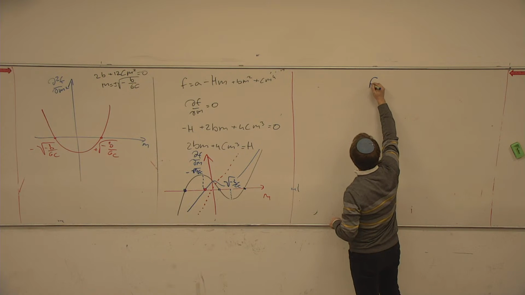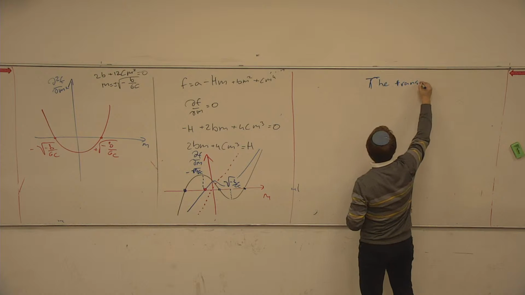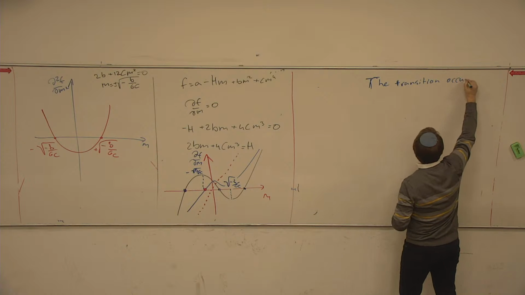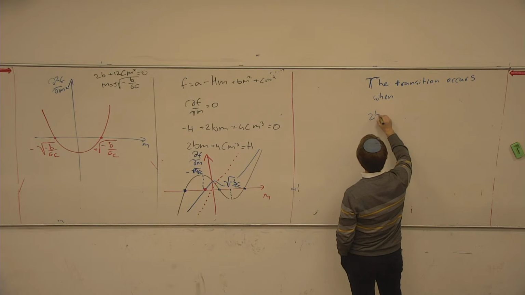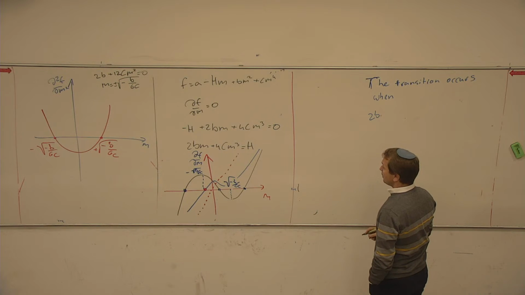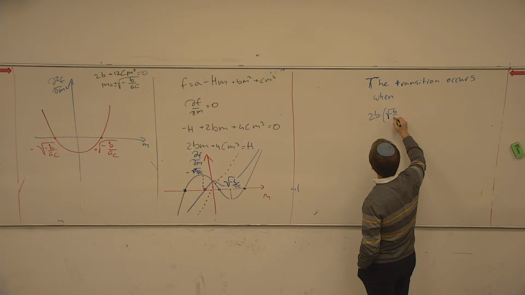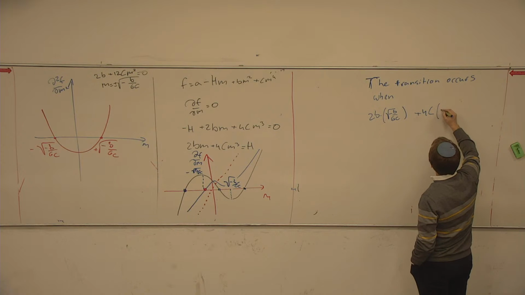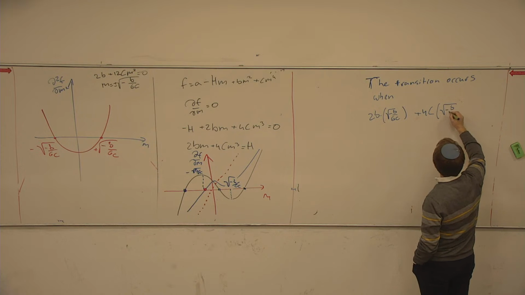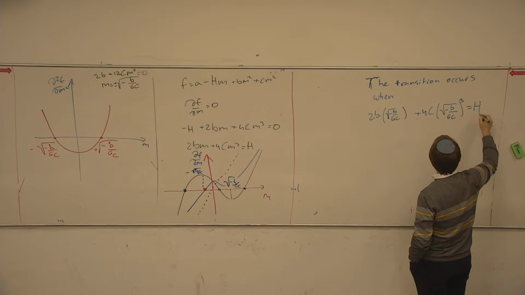So let me write it down. The transition occurs when 2b times the square root of minus b divided by 6c, plus 4c times the square root of minus b divided by 6c to the third power, equals h.